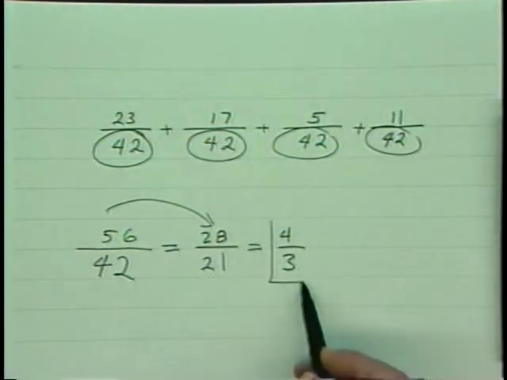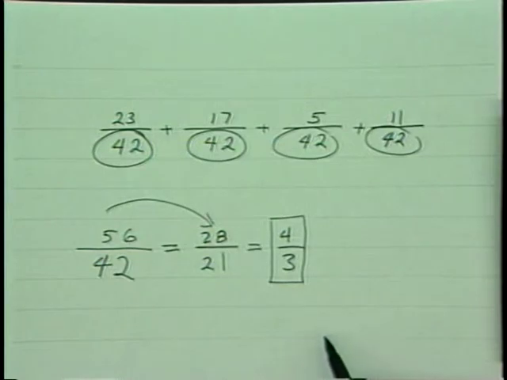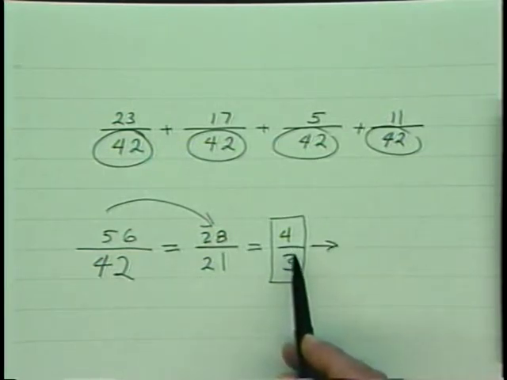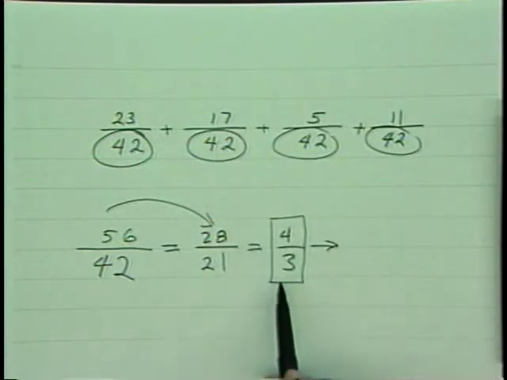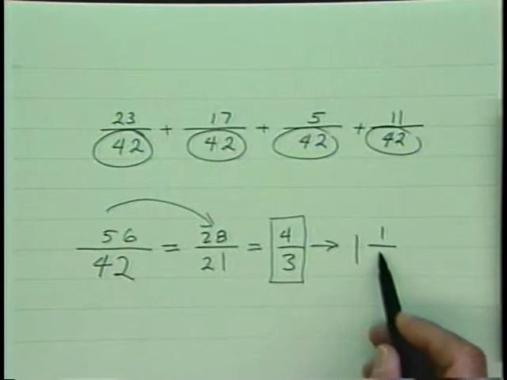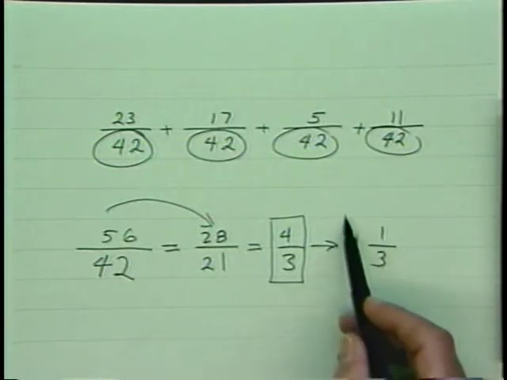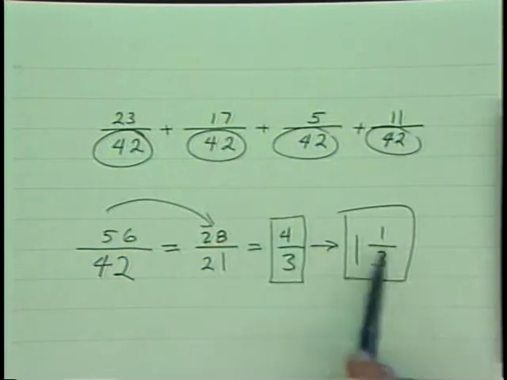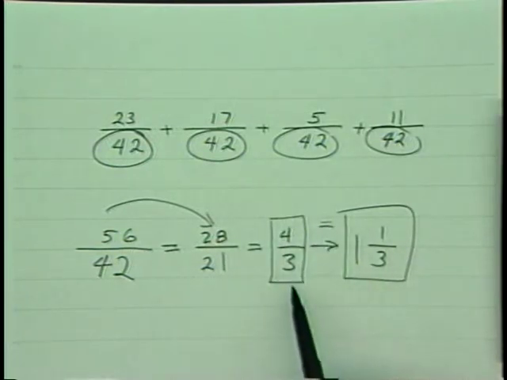Then if your fraction is an improper fraction, you ask whoever you're working this for: do they need the answer in improper form, or do they need it in mixed number form? And again, please note, we're not saying this is right and this is wrong. They're both good. They're both the same number.